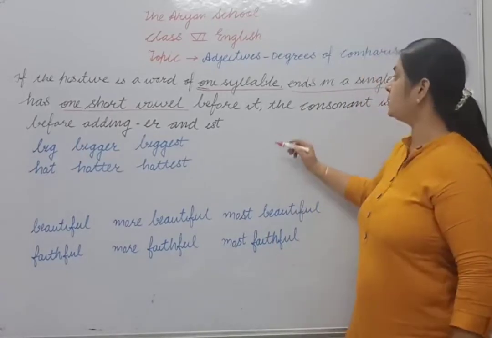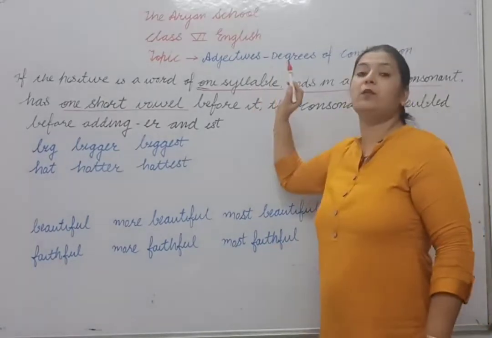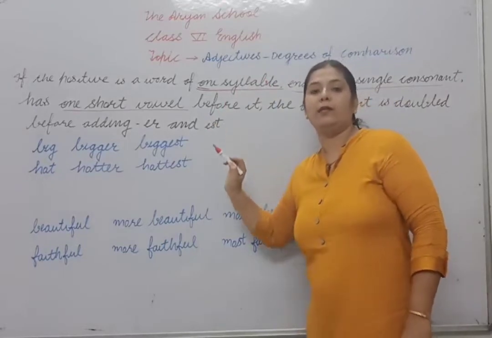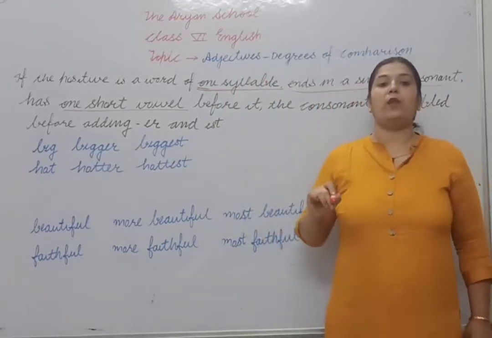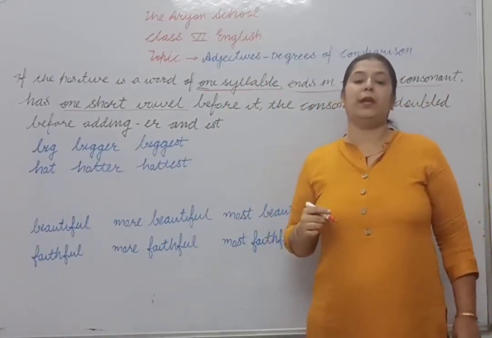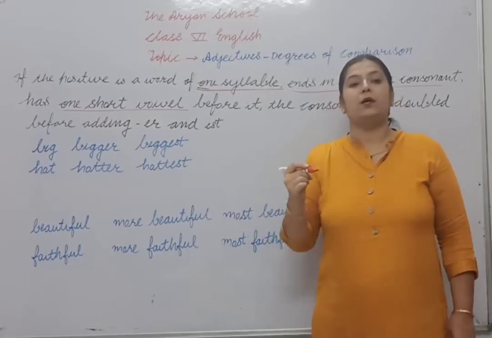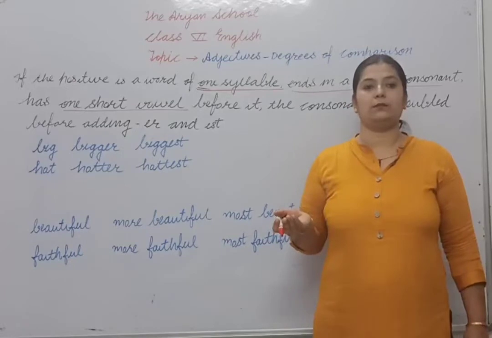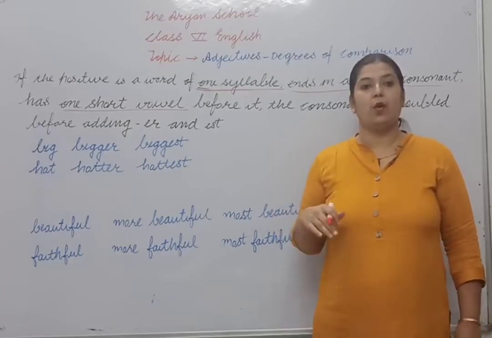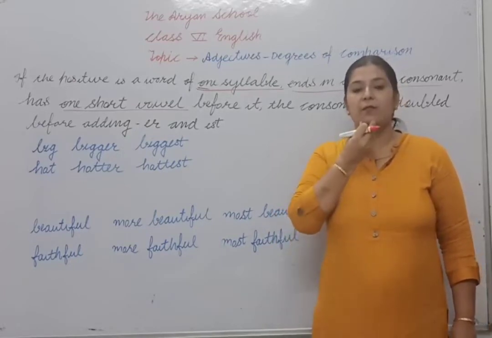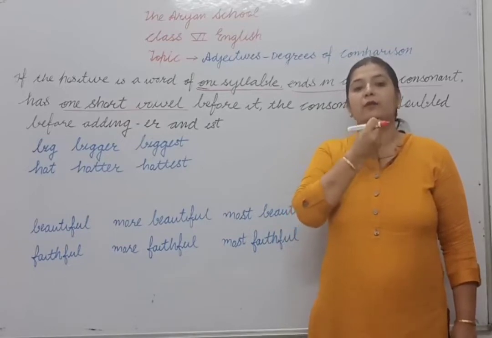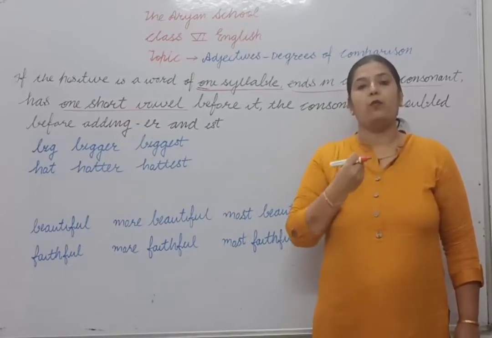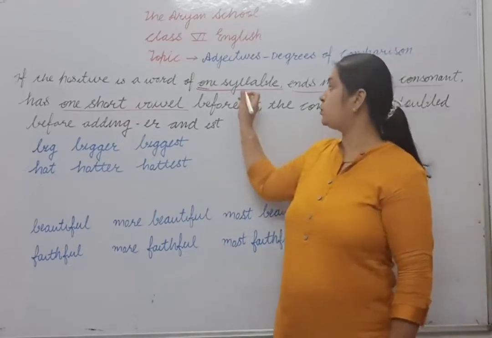First one is when any word has only one syllable. One syllable means when we pronounce any word and it ends with only a single opening of the mouth, as I say hot. The word is complete, hot. Only one time I have moved the lower jaw, hot, right? So this is one syllable.